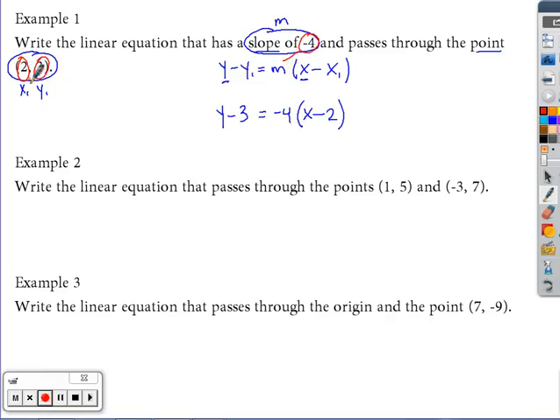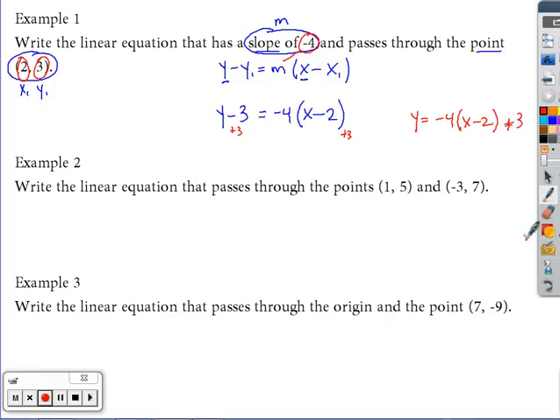Now, you can leave it like this. I'm perfectly okay. This is a 100% acceptable answer for point slope form. All right. Obviously, you could get y by itself by adding the 3 to both sides, if you wanted to. You don't have to. So y equals -4 times (x minus 2) plus 3. That looks a little bit more like slope intercept, but not quite.